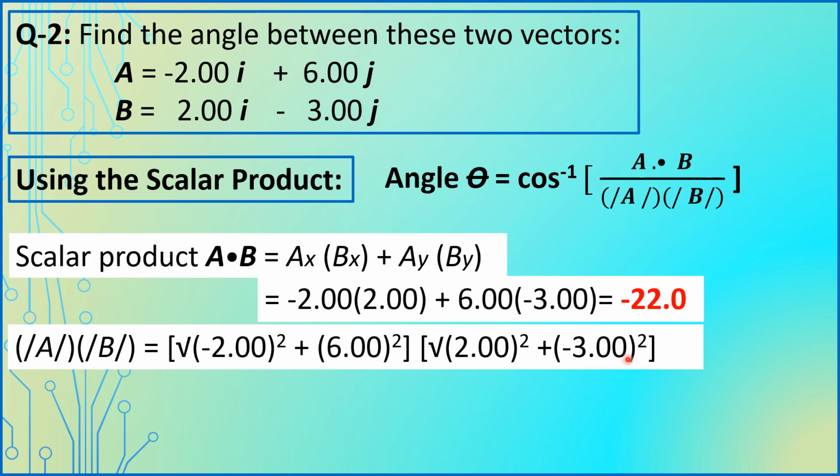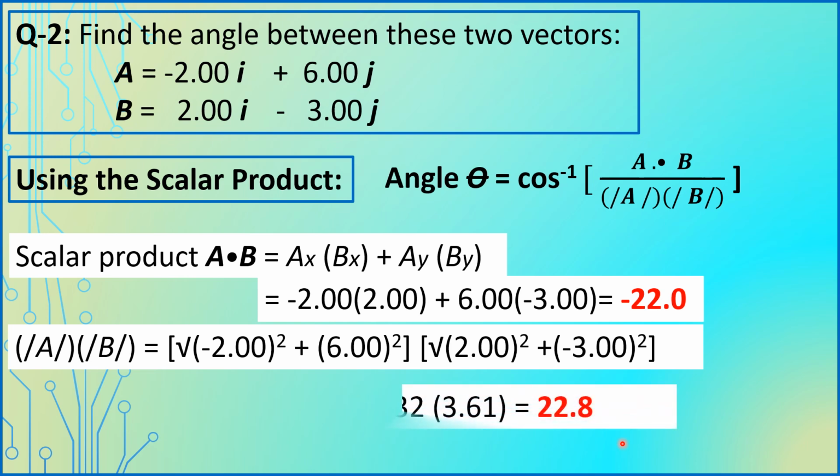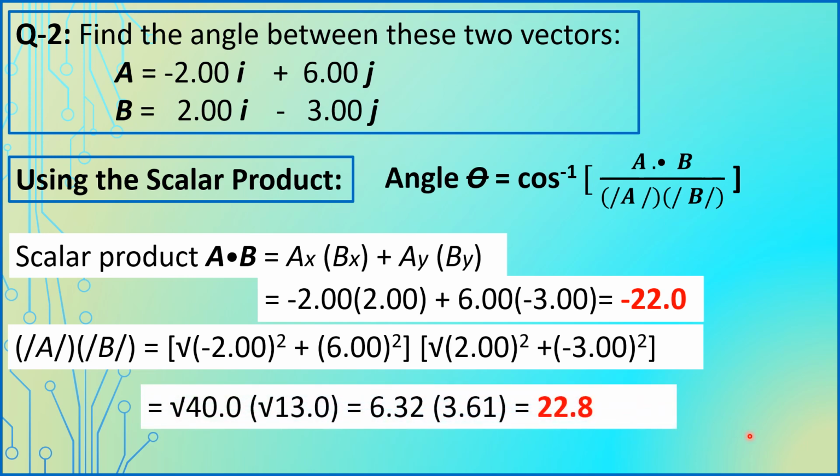So the result of getting the sum of the two squares for the magnitude of vector A is written here as square root of 40.0. While for the sum of the squares of the x and y components of vector B, the result is square root of 13.0.